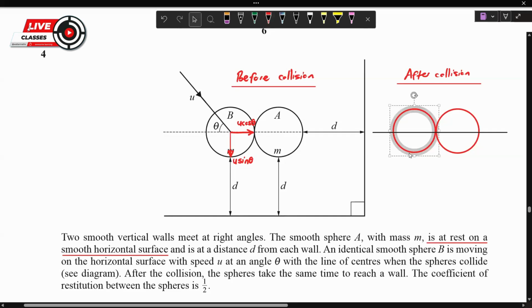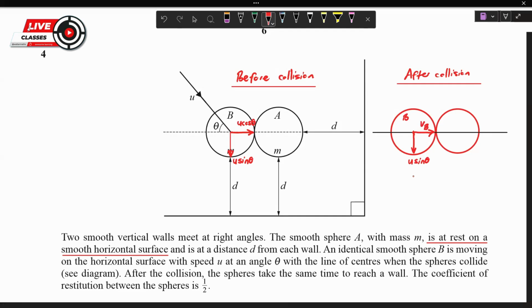Now, after collision, for sphere B, this is still sphere B, the component of B that is perpendicular to the line of centers is not going to change. So it is still u sine theta. The component that is in the line of centers, I'm going to call that VB.